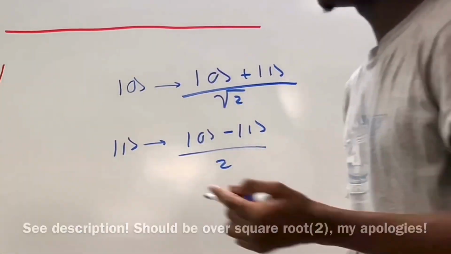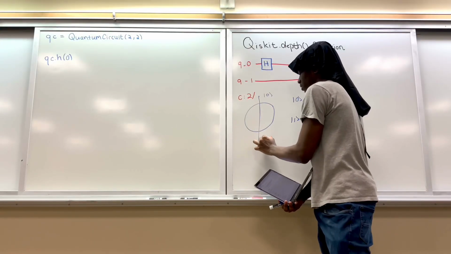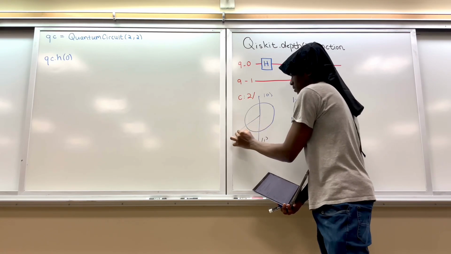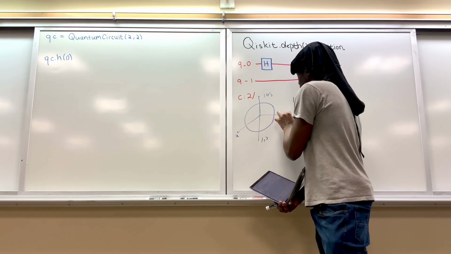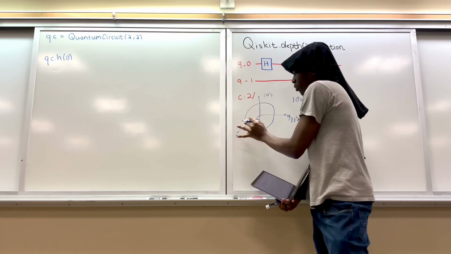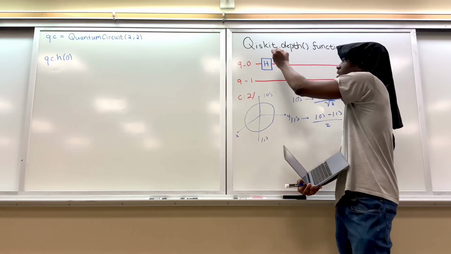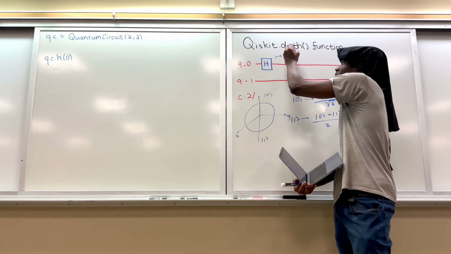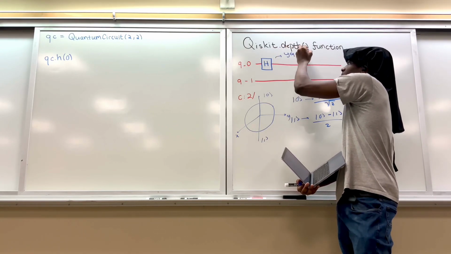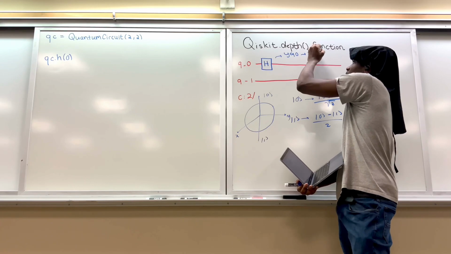And on the Bloch sphere, this is the 0 state, this is the 1, this is the x, this is the y. Initially, if I have a 0 state here, it's going to rotate to this state here. So how does it look? The Hadamard is basically a y90 rotation followed by an x180 rotation.